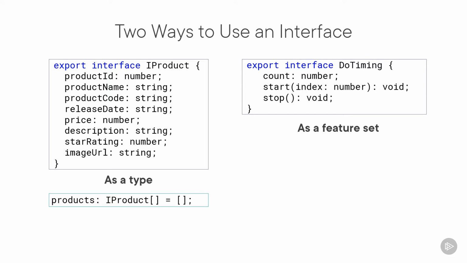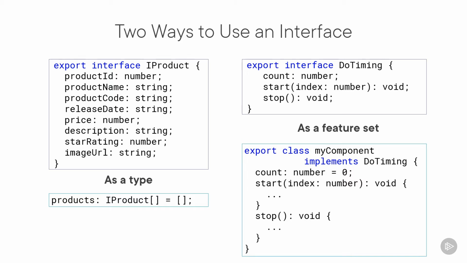The second way to use an interface is to identify a feature set. We declare the properties and methods required to implement a specific feature. Declarations only, no code. In this example, we define a timing feature with a count property and start and stop methods. To leverage this feature in a component, we specify the interface using the implements keyword.